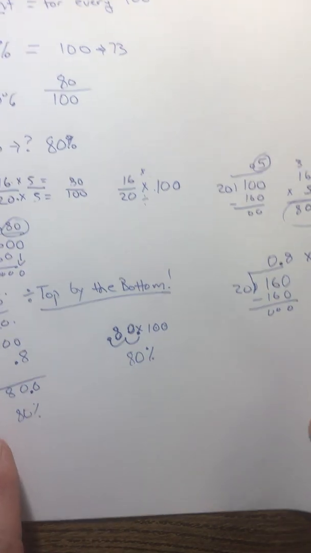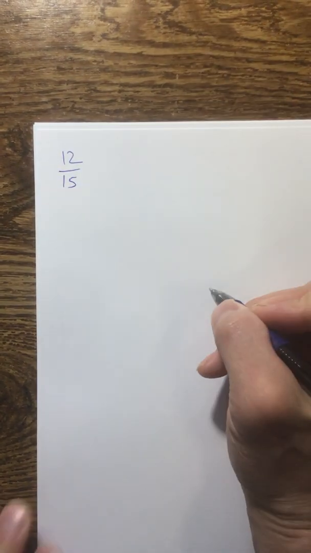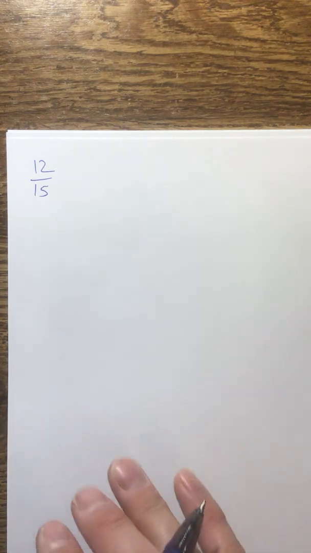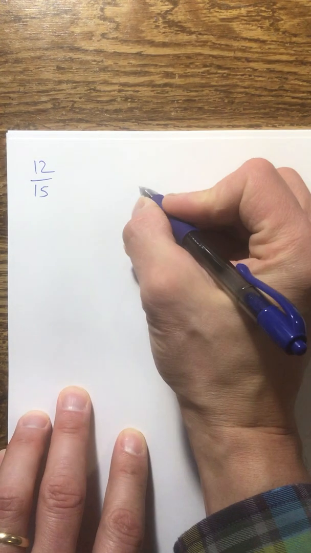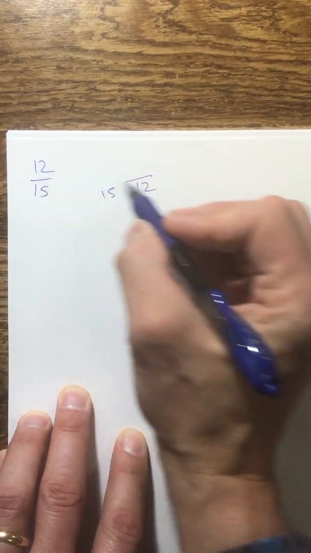All right. We're going to take a look at that a few more times here. Let's look at 12 over 15. I'm going to skip to just dividing it out, just because that's a tried and true method that you can use. Here we go. We got 12 in the box, 15 outside it. Again, top's always in the box.